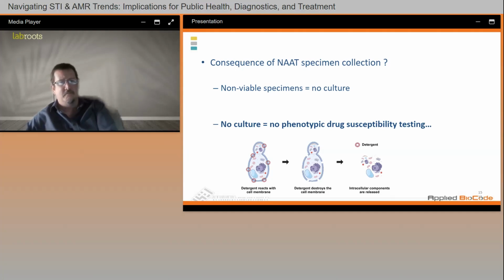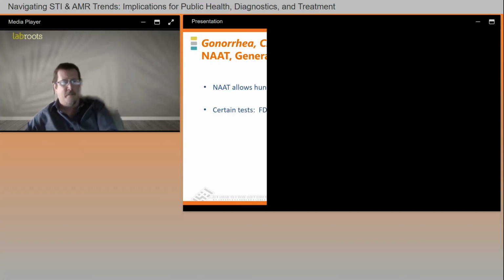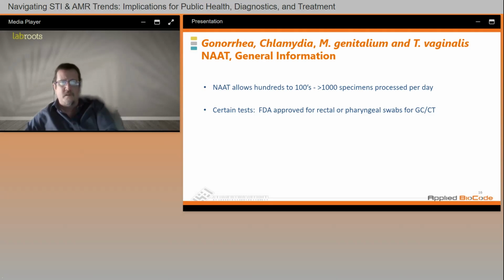That is, we need to read the DNA or RNA to make our drug susceptibility predictions because we don't have a viable organism.